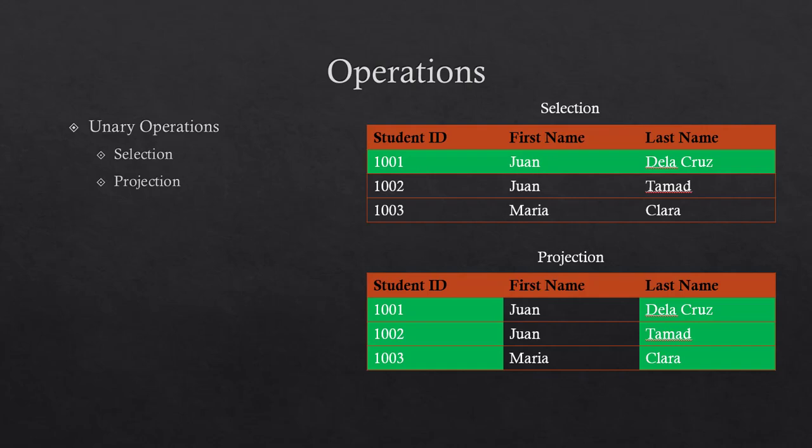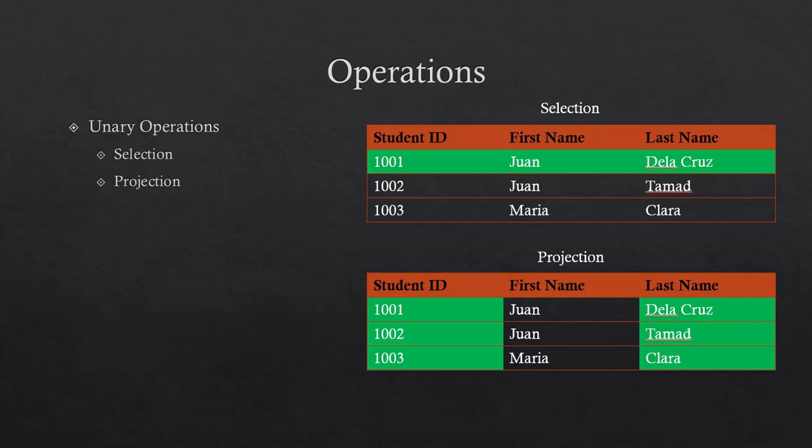Now the second table below is for projection. So projection, what do you think? Like you're projecting one thing or two things at the same time. As you can see, the visual representation is more of a vertical selection type, but this is called projection.